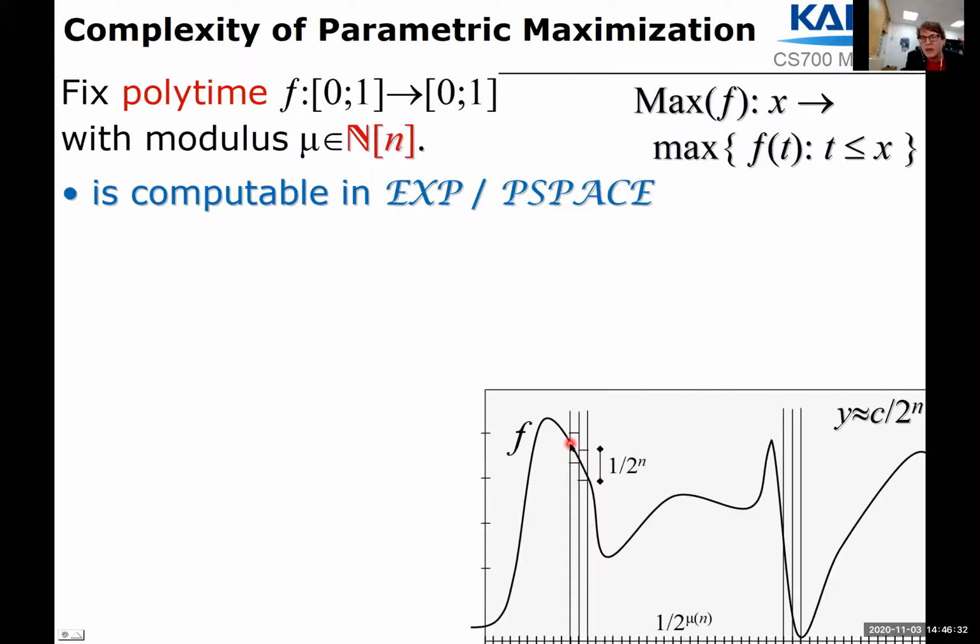So if we evaluate the function at one endpoint, then we know that throughout the subinterval, the function value will differ from that single evaluation point by no more than 2 to the minus n. That's the definition of modulus of continuity. And by evaluating the function on, let's say, the left endpoint of each of these subintervals, we arrive at 2 to the mu of n real numbers.